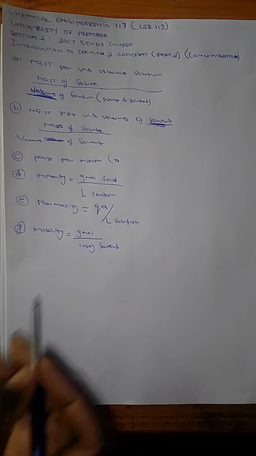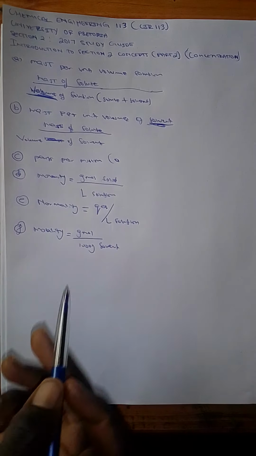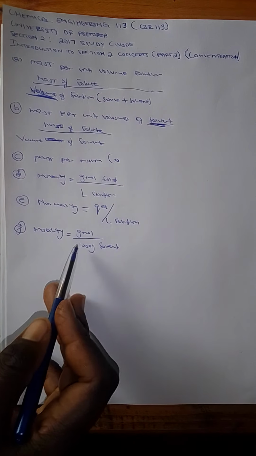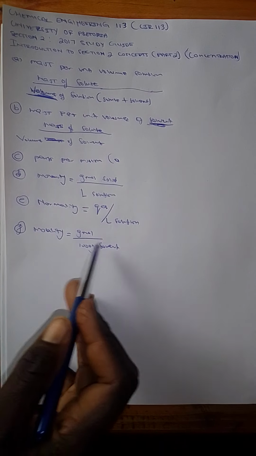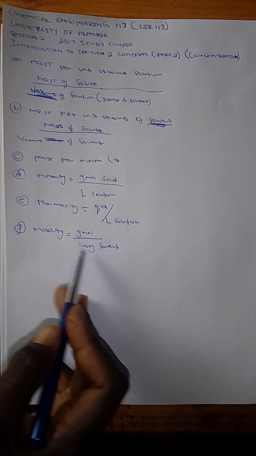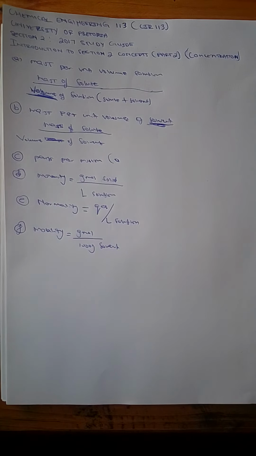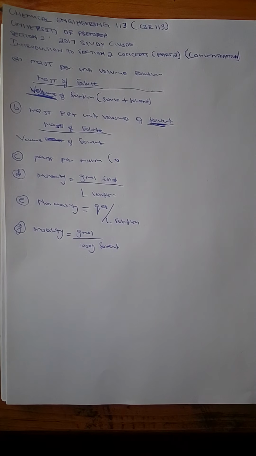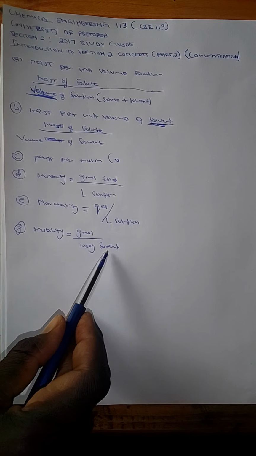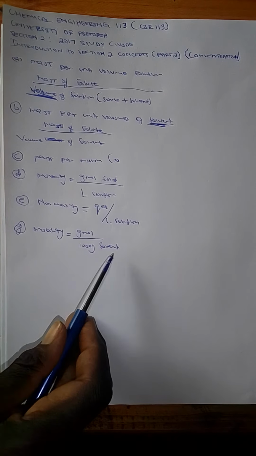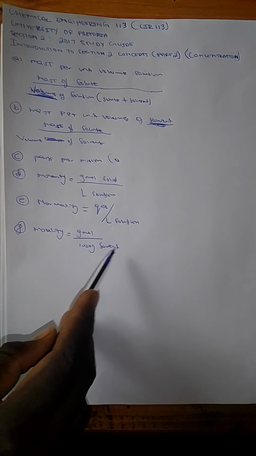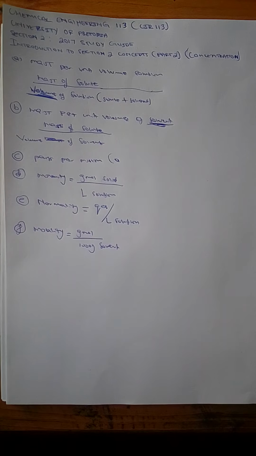So this one is the gram moles of whatever has been dissolved per kilogram, or per 1000 grams, of solvent. This solvent is not the solution. It's always important to understand that in the previous case there was a solution, a liter, and now we have 1000 grams of the solvent. Either the water, most of the time, or anything you can use in which you dissolve something. So yeah, that's what it is.